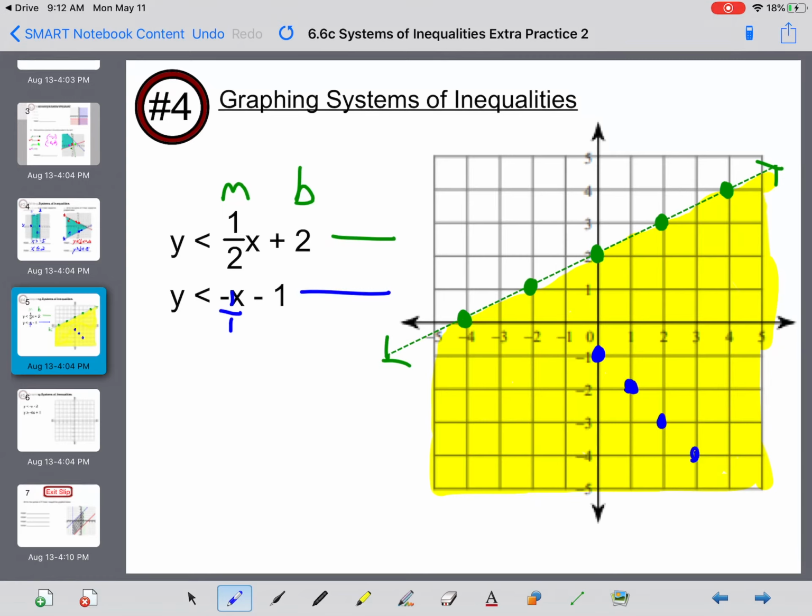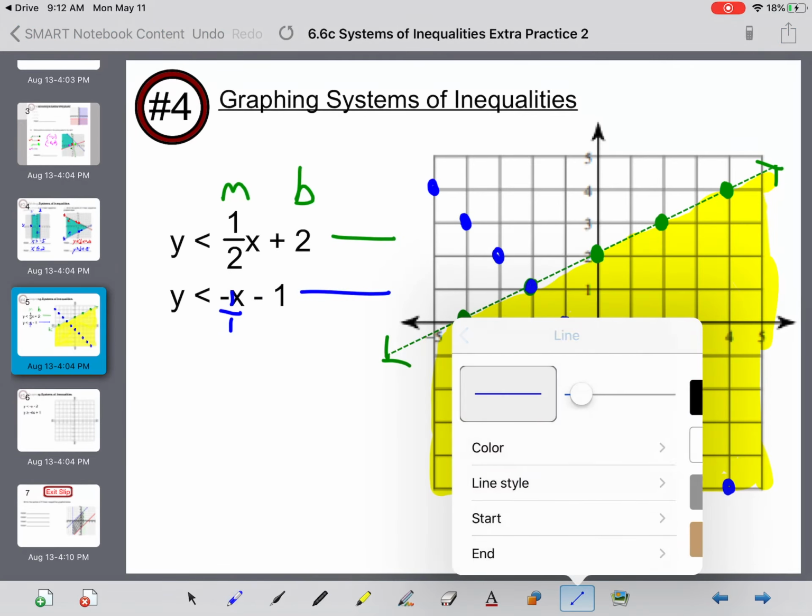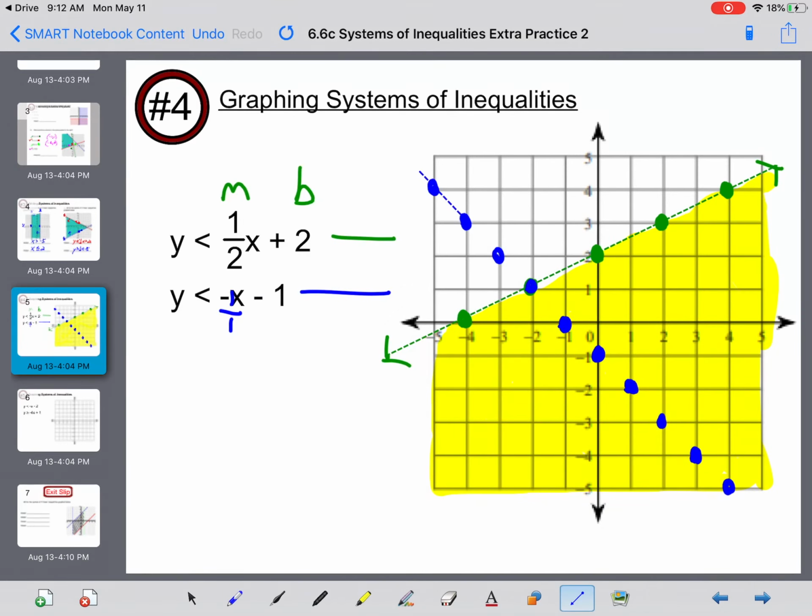Your b value is negative 1, and your slope tells me to go down 1, right 1. Less than, again, this is going to be a dashed line.